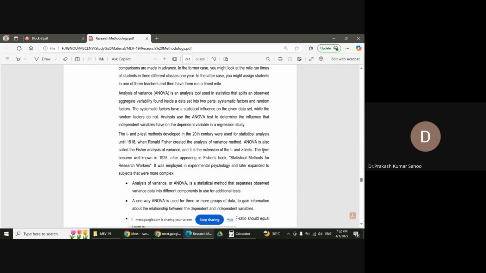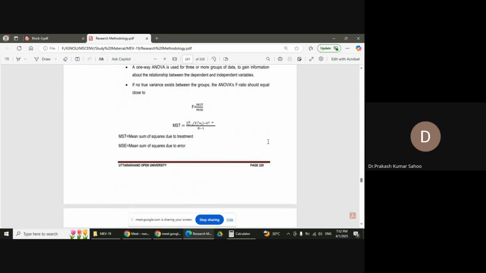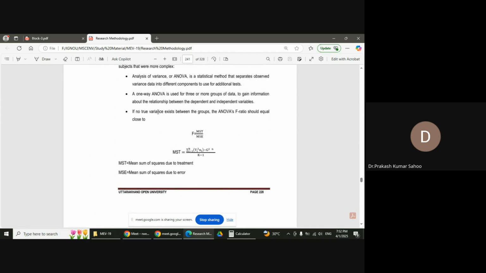Another test is to determine the influence that an independent variable has on the dependent variable in a regression study. So analysis of variance is a statistical method that separates observed variance data into different components used for additional tests.